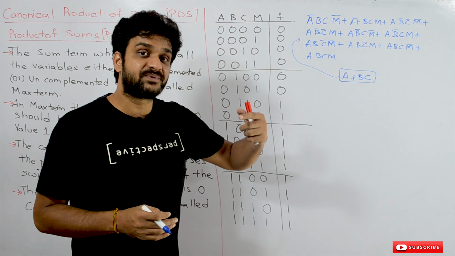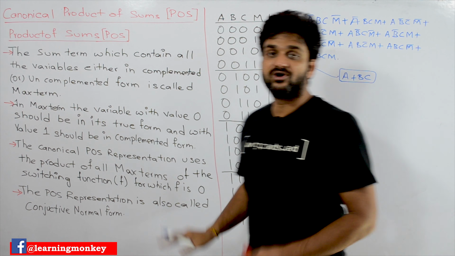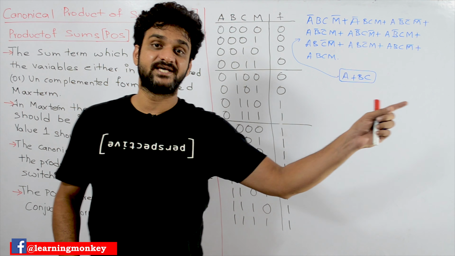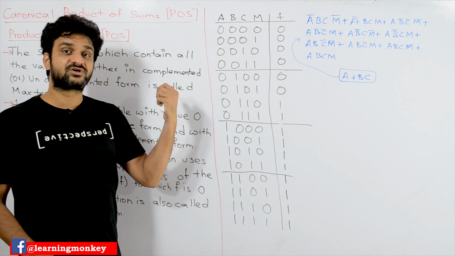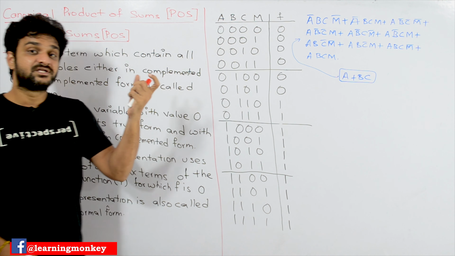The sum term which contains all the variables either in complemented form or in uncomplemented form is called a max term. There we call it a min term. Here in the product of sums, the term which represents the output as 0 is what we call a max term. So it is a sum term.